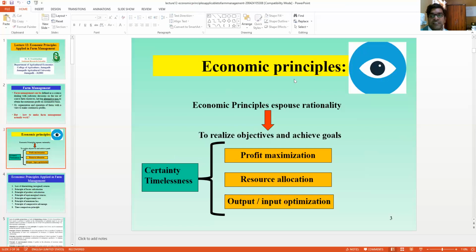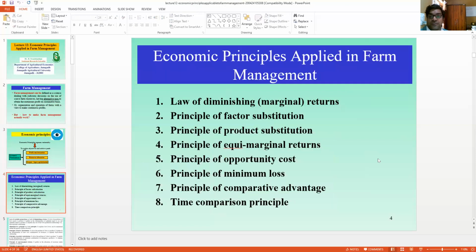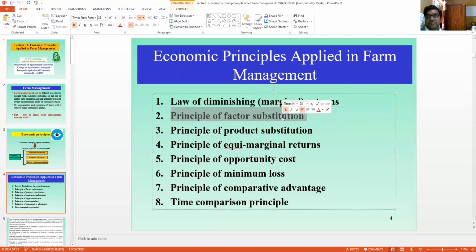So keeping all these things in mind, let us now see what are the major economic principles that are required for farm management. First, the law of diminishing marginal returns, also called the law of variable proportions. Then the principle of factor substitution, which is applicable in factor-factor relationship. Then the principle of product substitution, which is determined by product-product relationship.